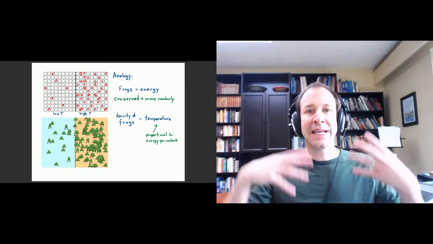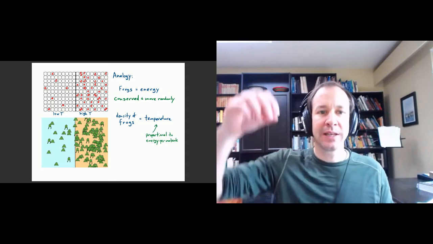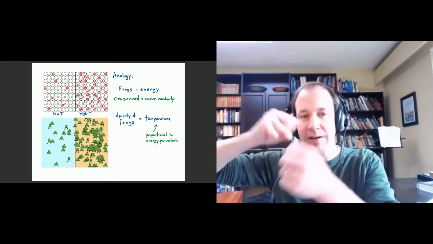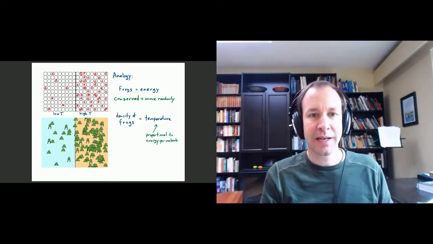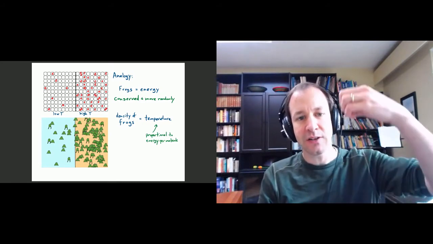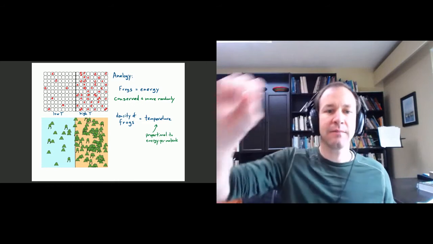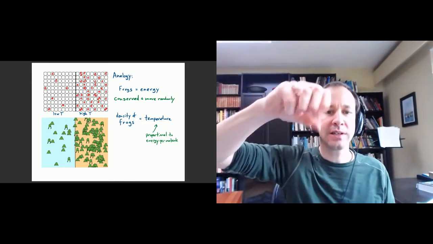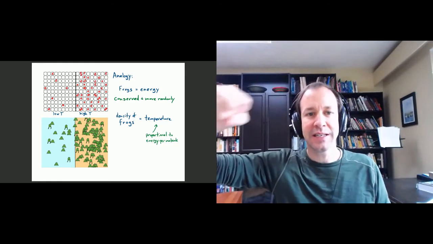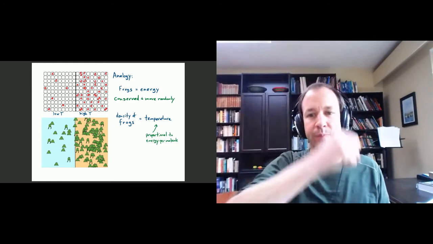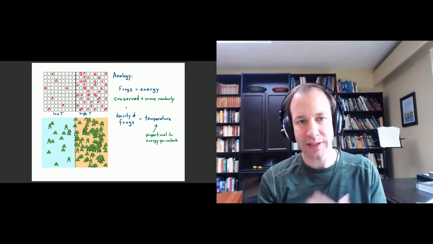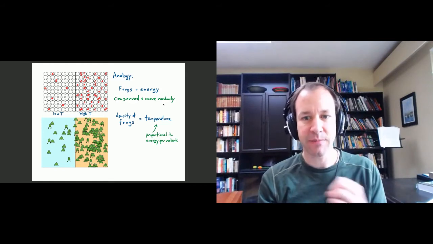And so in a thermodynamic system, the energy is randomly moving around due to these interactions between molecules. The units of energy are just like the frogs in that they can move anywhere in the material, and the motion of the individual units of energy is basically random. Okay, so both the frogs and the energy are conserved and they move around randomly.